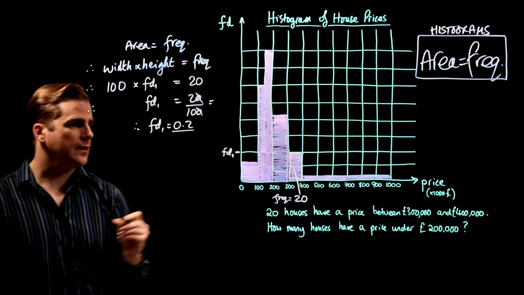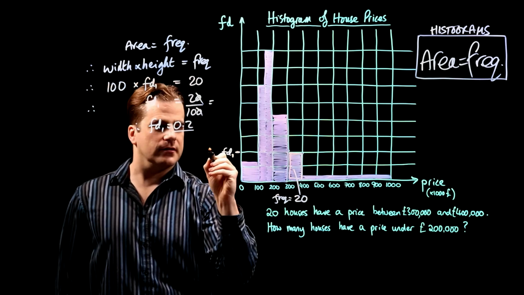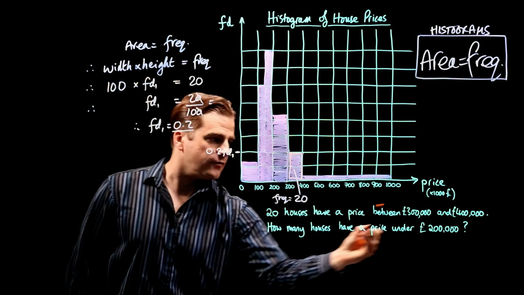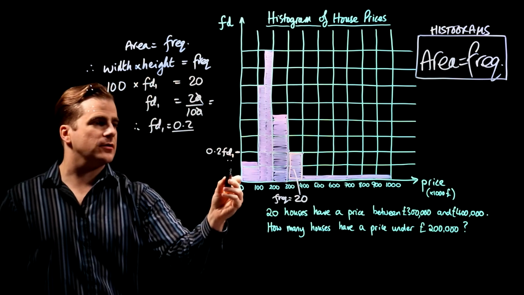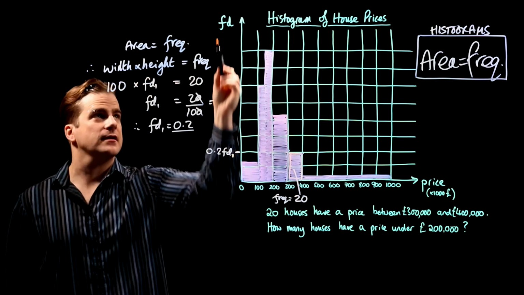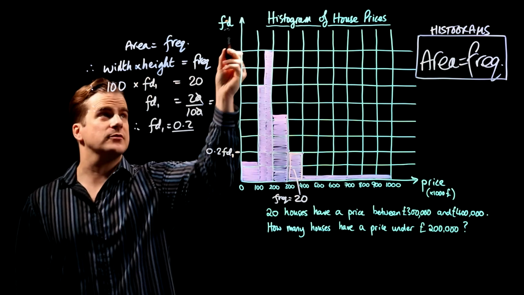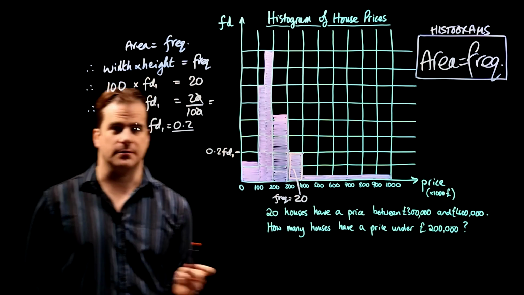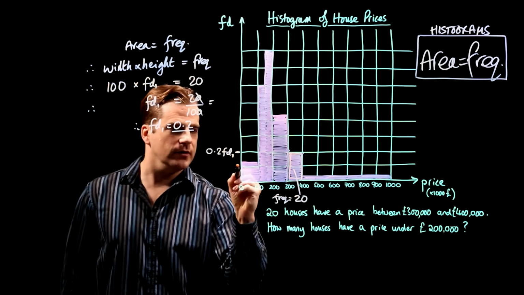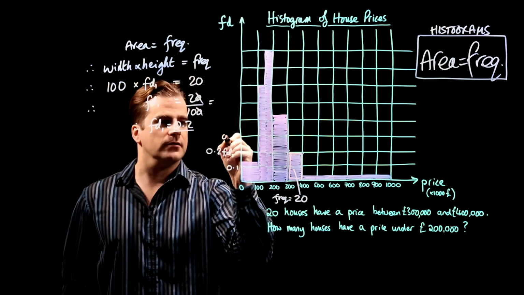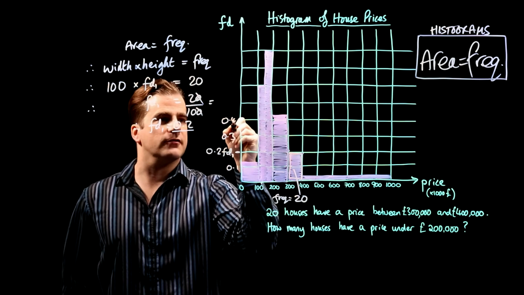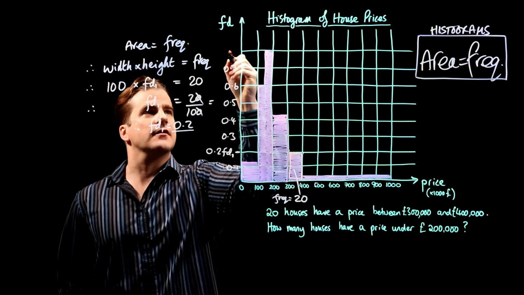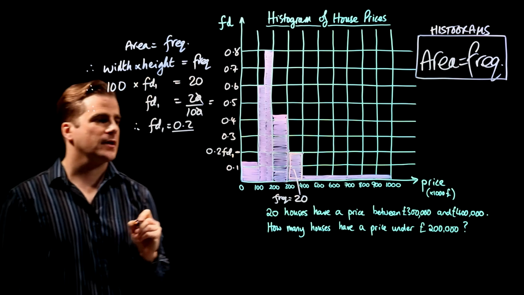So that value there is 0.2. Using this information, we've been able to label the y-axis, the frequency density axis, and that will allow us to answer the question. If that's 0.2, that one must be 0.1, 0.3, 0.4, 0.5, 0.6, 0.7 and 0.8. Good.